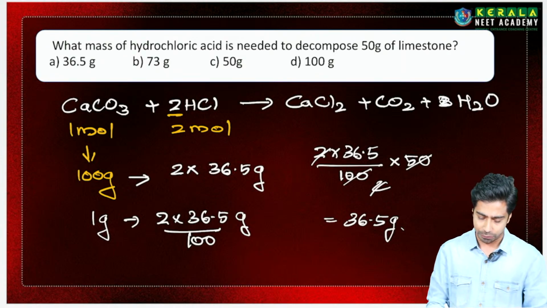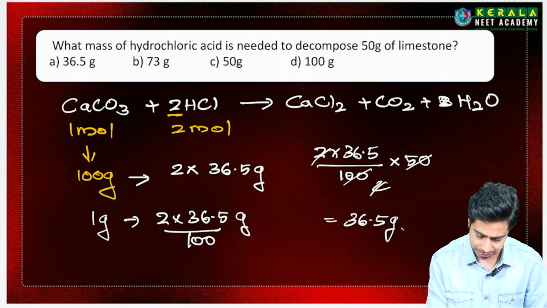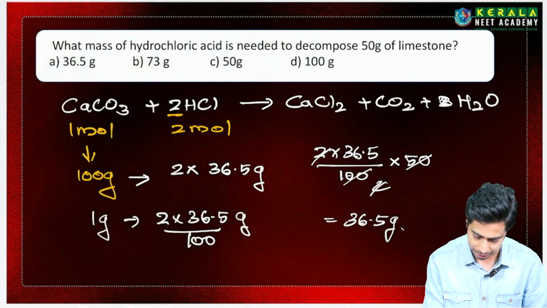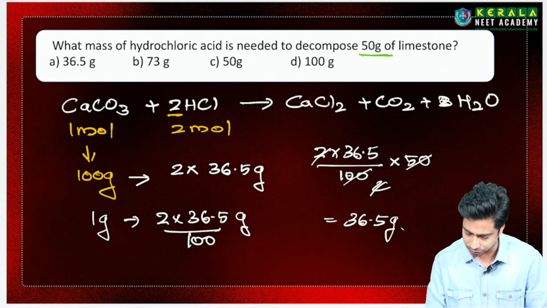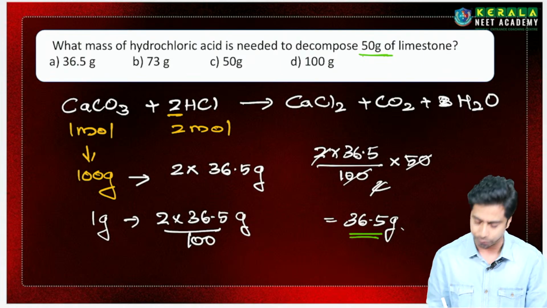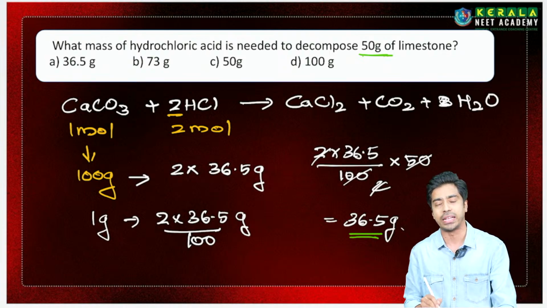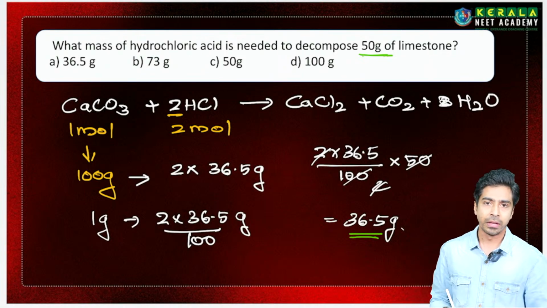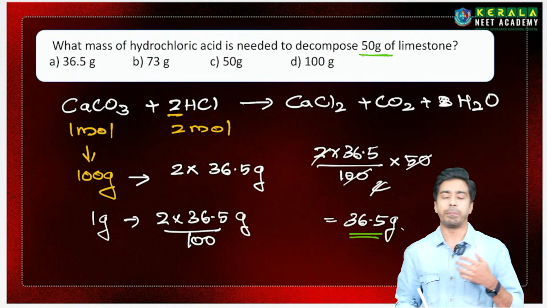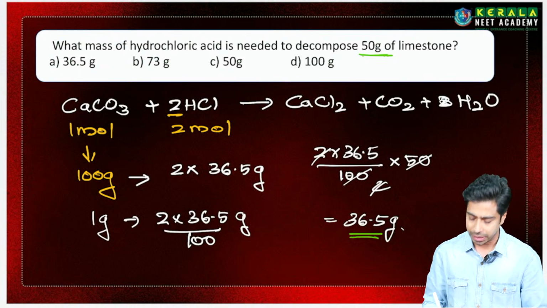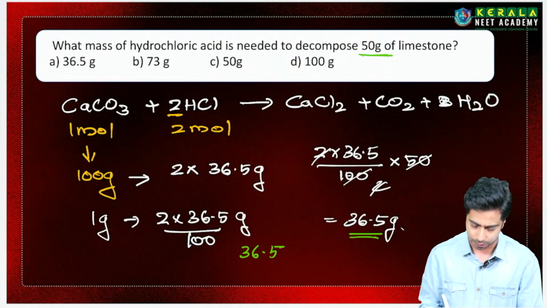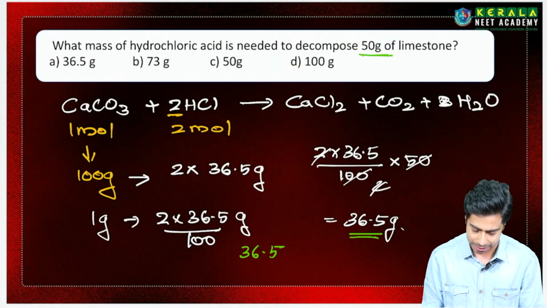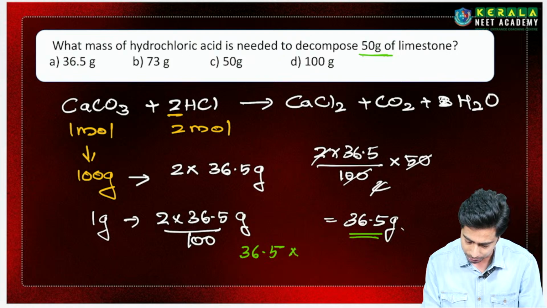So if I take 50 gram of limestone, it requires 36.5 gram of HCl, which will be consumed. But if it is 50% or 20%, then the amount will be different. If the purity is given, then it will be the calculated value into purity divided by 100.